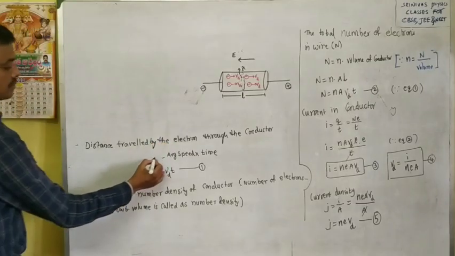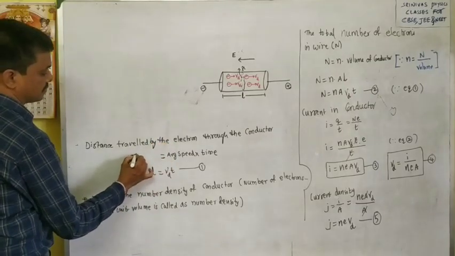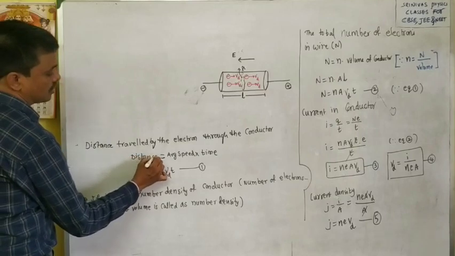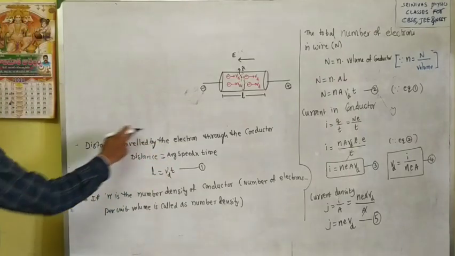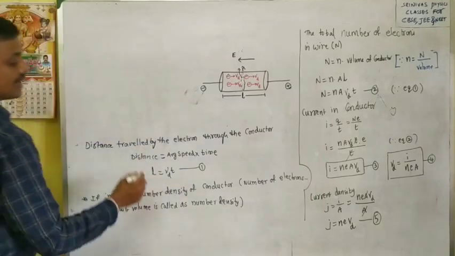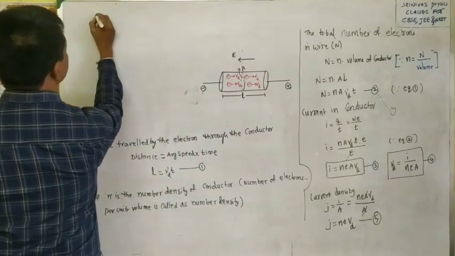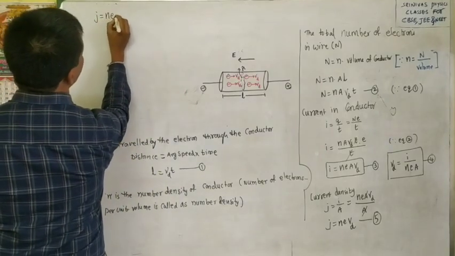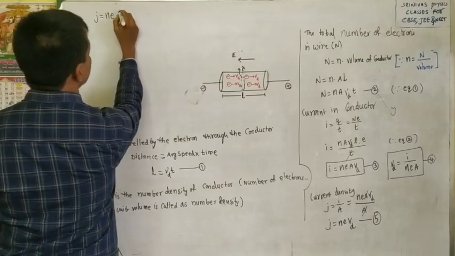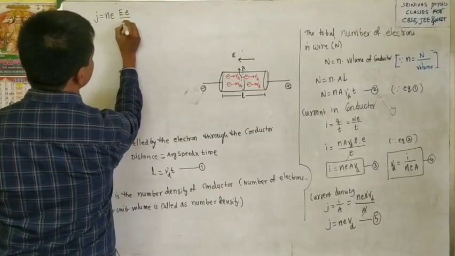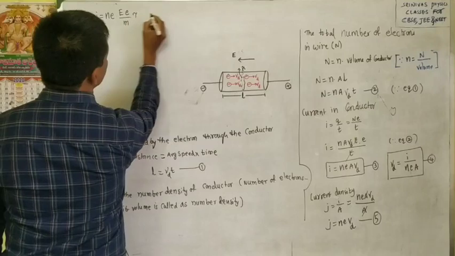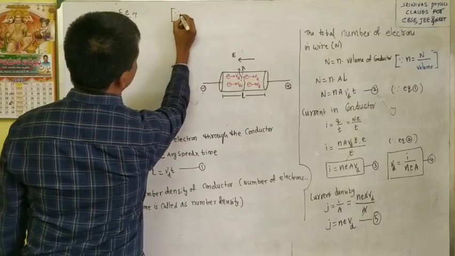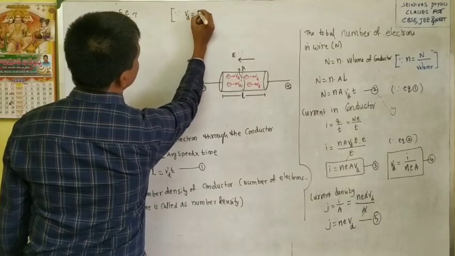Okay, look here. I am going to do the continuation. The J equal to neVd we got. Then J is equal to ne into Vd, a formula we know in terms of electric field, right? Vd magnitude I am going to write as eE by m into tau. You know already we derived the relation between the drift velocity and relaxation time.